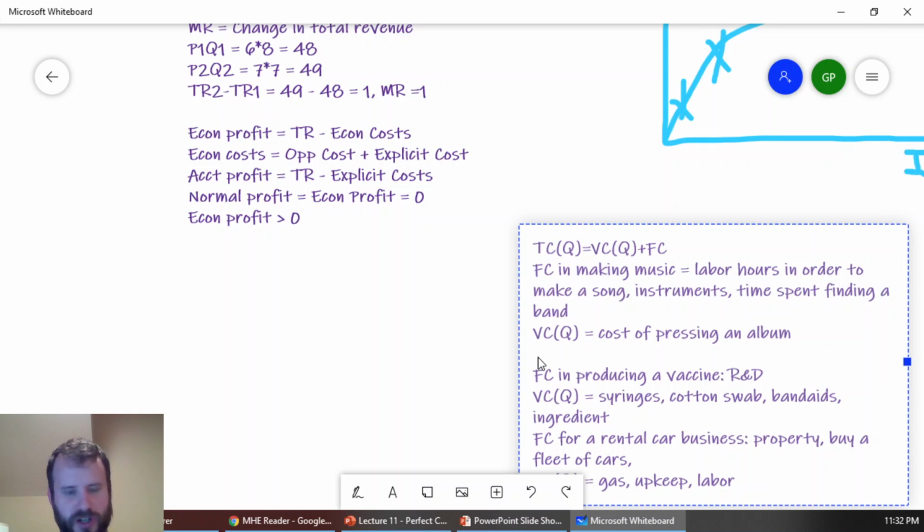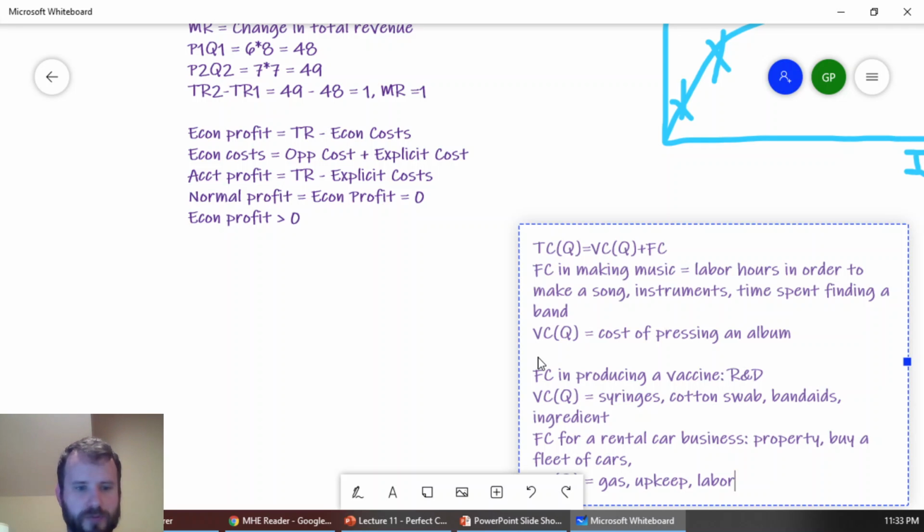So variable costs are not fixed at all. They're things that vary by quantity, versus fixed cost, which doesn't vary by quantity. Those are things that you typically pay up front. And the definition of fixed versus variable costs might depend on your time frame. So for a month, your rent is a fixed cost, if you're renting a property.